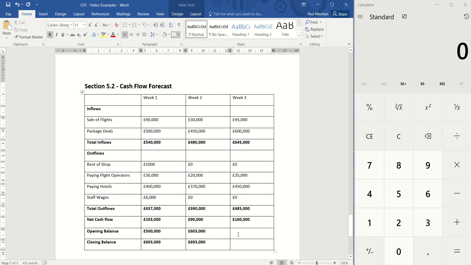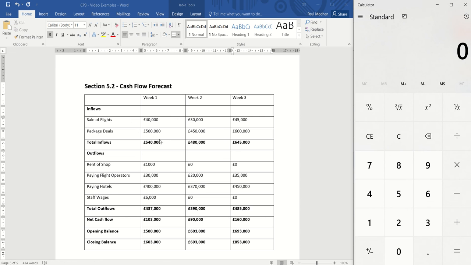And finally, we want to do the same again for week 3. 693 plus 160,000. We've got 853 pounds. Alright, there we go.